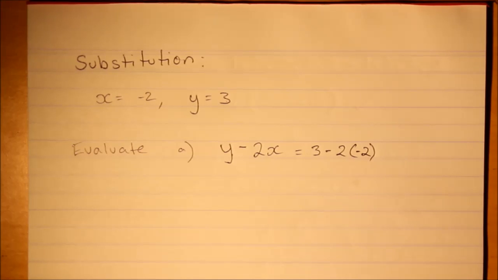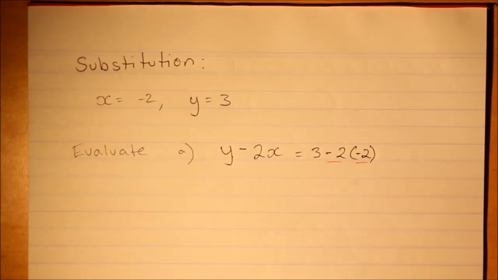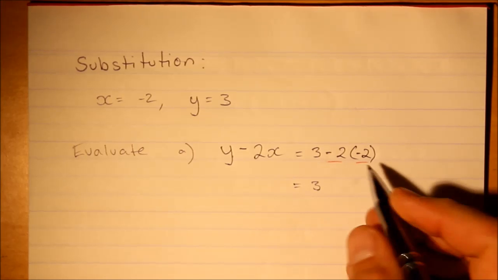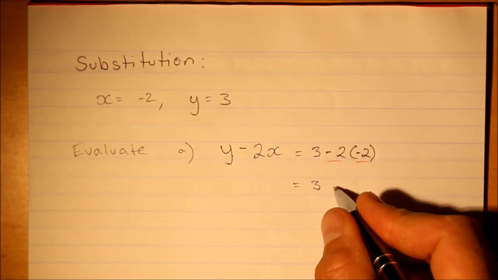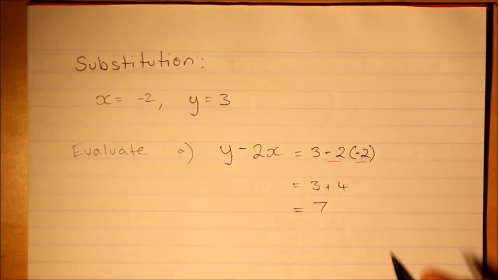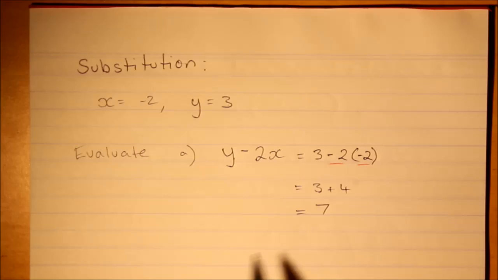We are saying that it's this number here multiplied by this number here, so our directed numbers get looked after. So -2 multiplied by -2 is +4, which equals 7.